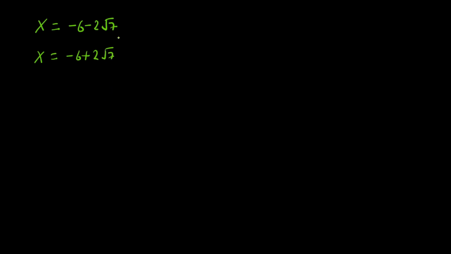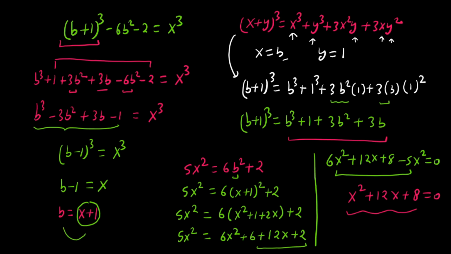Notice that this value is approximately equal to minus 11.2915 and this value is equal to minus 0.7085. But look carefully, we have b is equal to x plus 1.